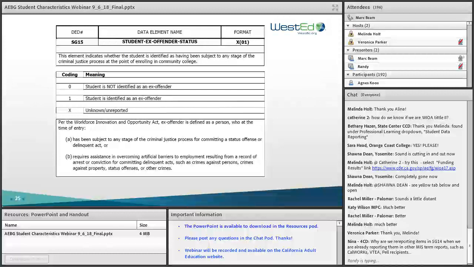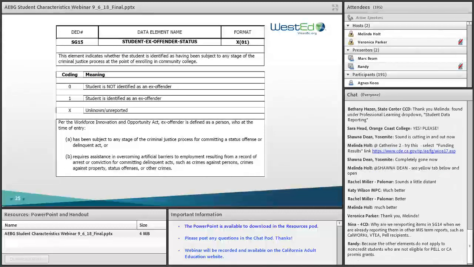It is the perception of some of us in the field that we would like some clarity about how best to collect this question so that we can accurately report it and identify these students, and also at the same time not create another barrier to enrollment. I think our work group would like to work on that as well.